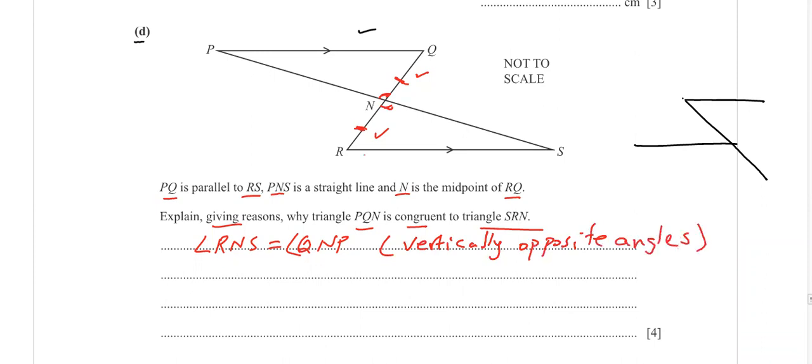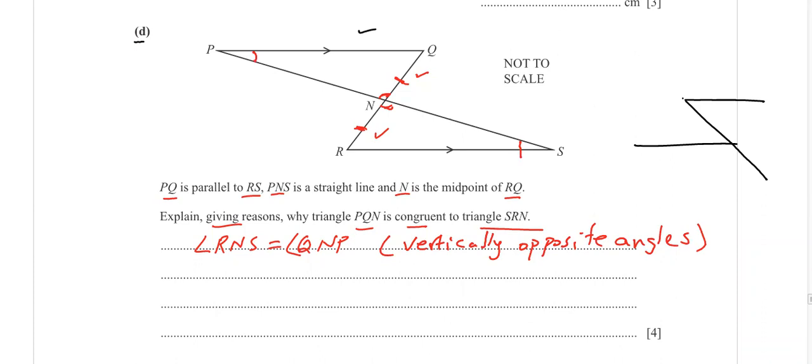Okay. Number 2, if you look at this one, this angle and this angle will be the same. I can say angle RSN, or RNP till the end length. You can say that. No problem.